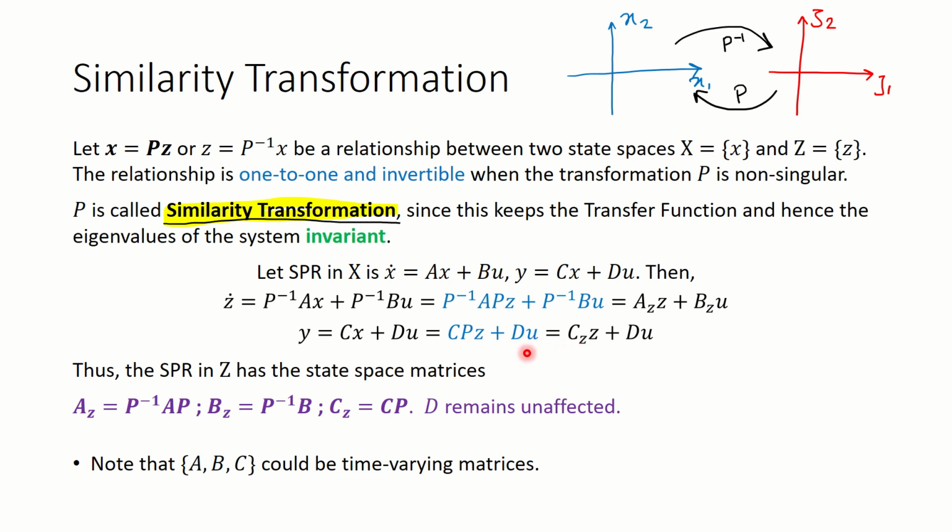So it becomes Cz z plus Du, where Cz is basically CP, and D remains unaffected.